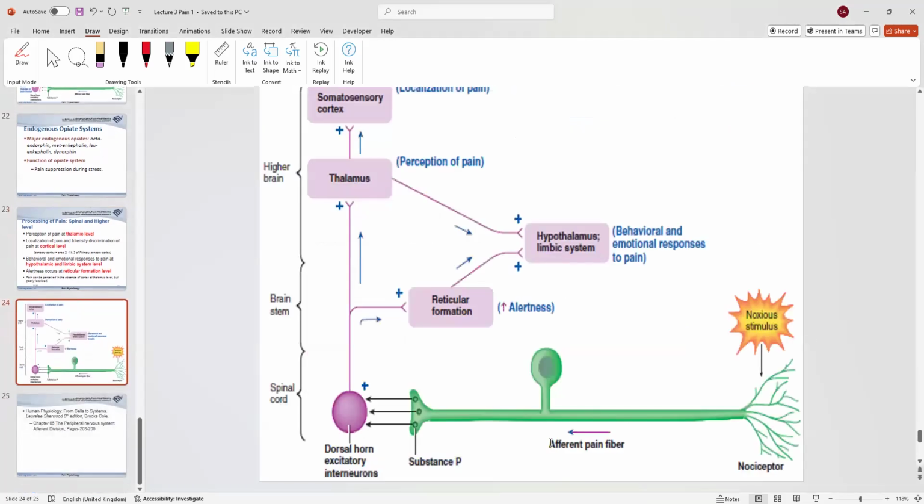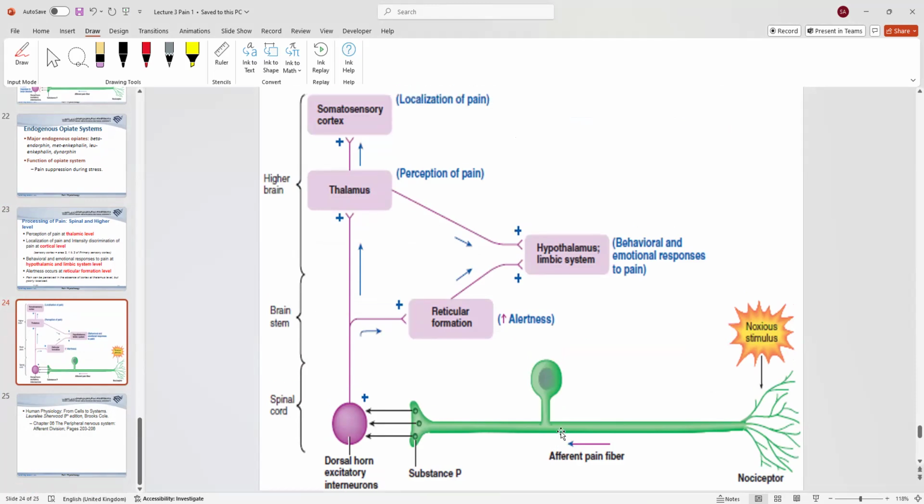So this diagram gives you, if we just go to the dorsal horn interneuron and start going up towards the thalamus, you see a branch going to the reticular formation. This is to keep you alert. The person cannot go to sleep if he is in great pain. And from the reticular formation, the signals are also going to the hypothalamus and limbic system.